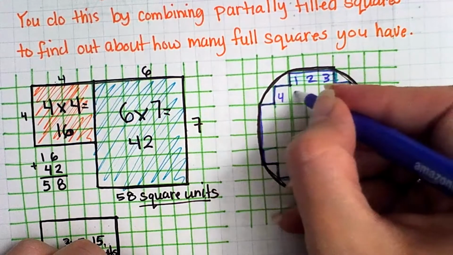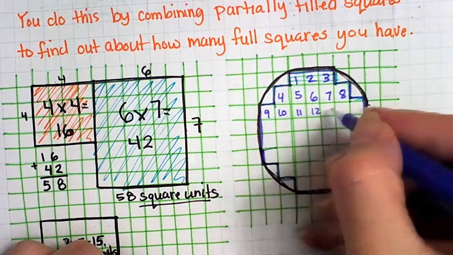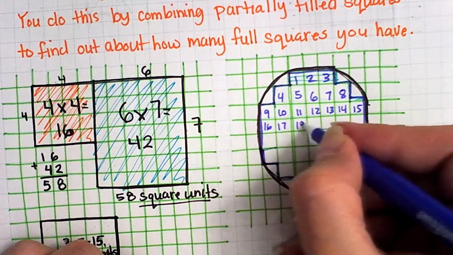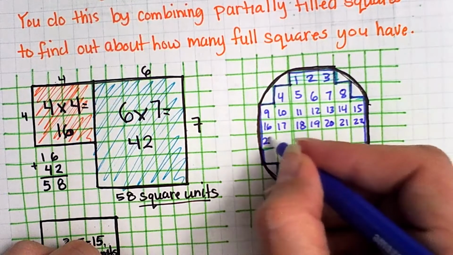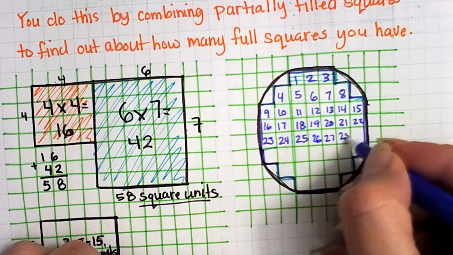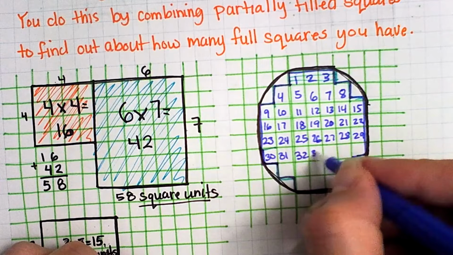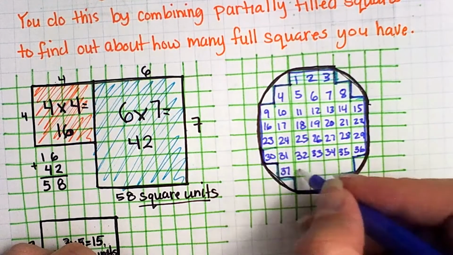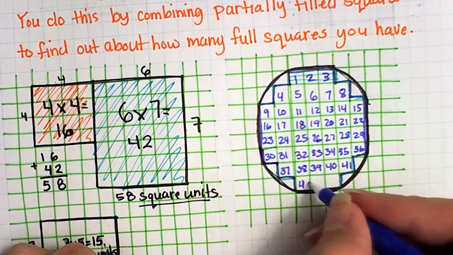1, 2, 3, 4, 5, 6, 7, 8, 9, 10, 11, 12, 13, 14, 15, 16, 17, 18, 19, 20, 22, 23, 24, 25, 26, 27, 28, 29, 30, 31, 32, 33, 34, 35, 36, 37, 38, 39, 40, 41, 42.